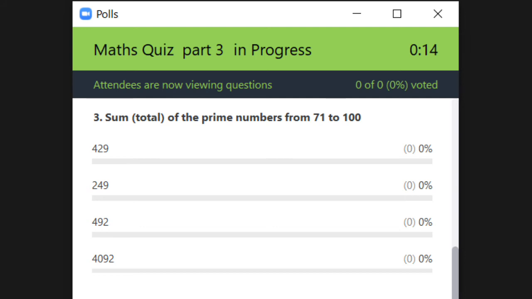Remember the prime numbers. I'm giving you a clue. There are 6 prime numbers from 71 to 100. This is a little clue. Now write down all the prime numbers, make a total and select the correct option.